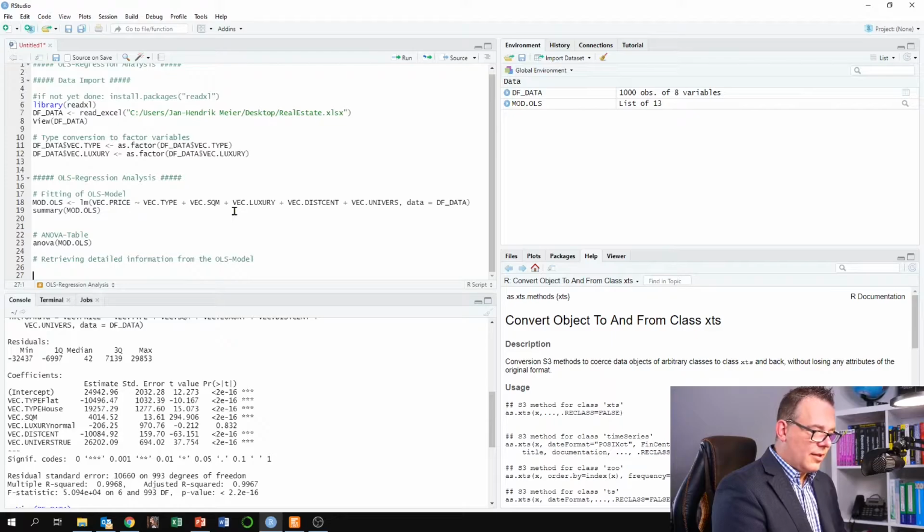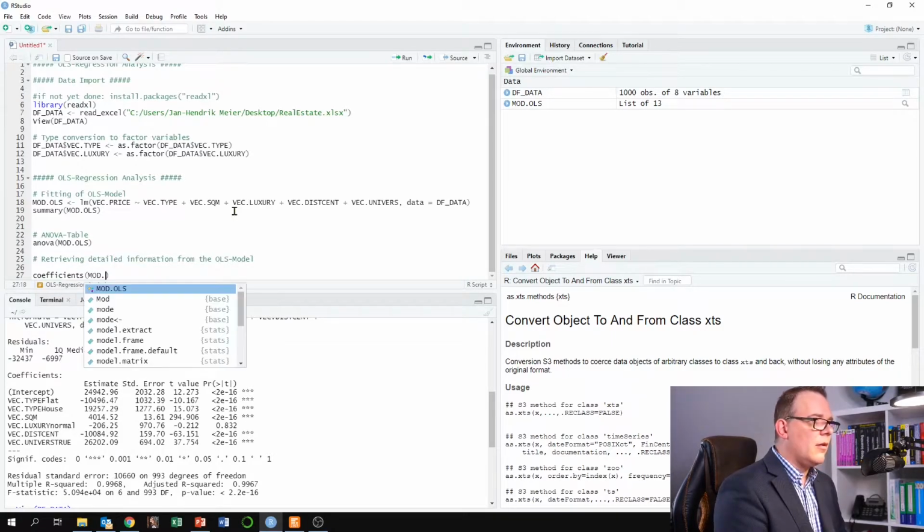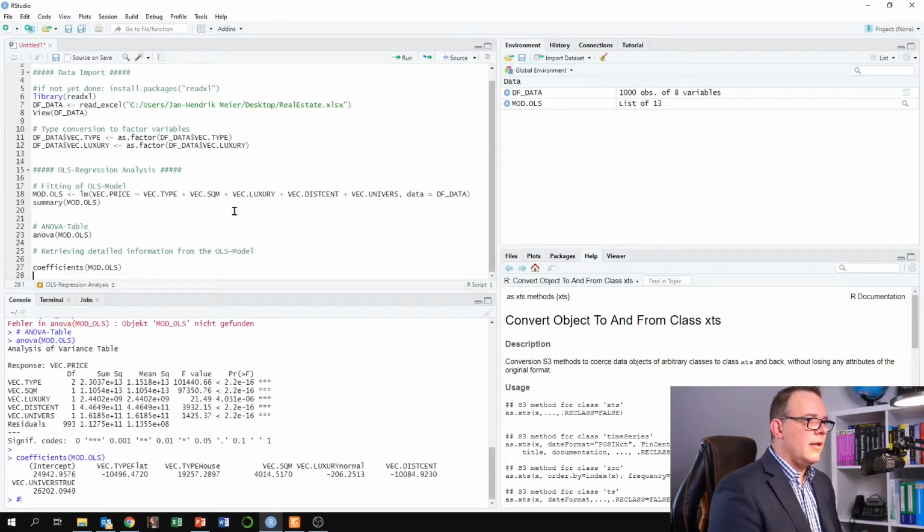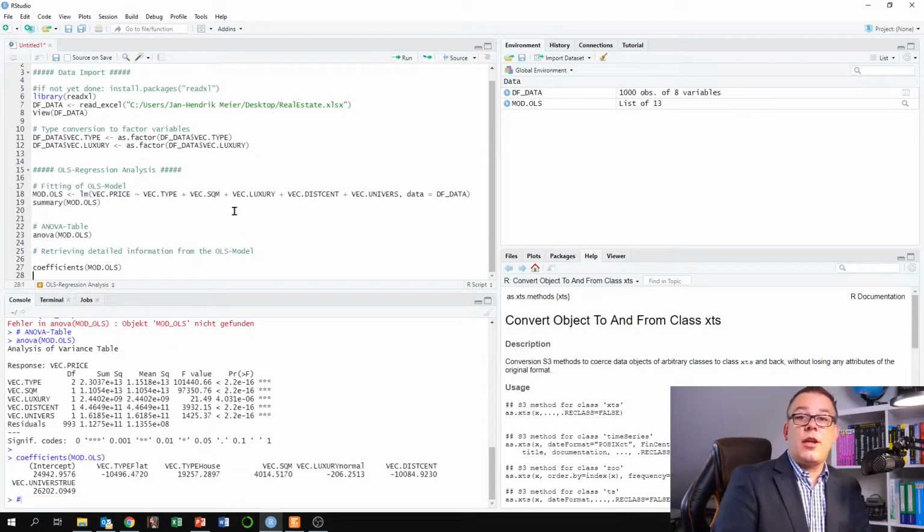For example, we could start with coefficients. So if we use the coefficients command, we only get the coefficients from the model.